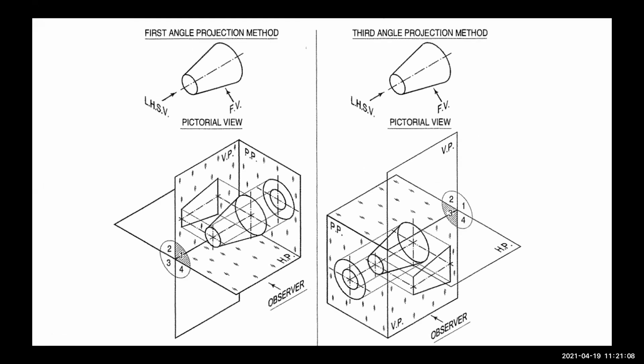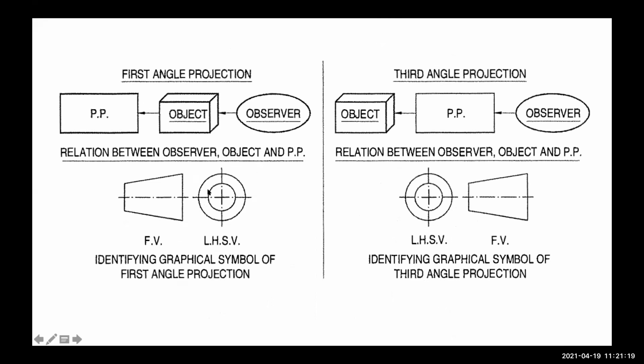So now in the previous video, you might have seen one symbol when they were talking about the first angle projection method or third angle projection method. If you have observed it carefully, this symbol, what I am talking about, this is that symbol.